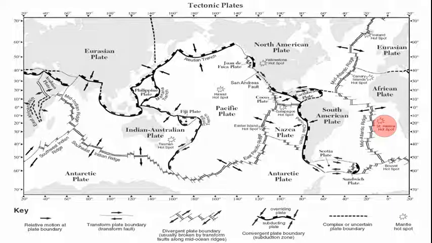So you notice a lot of those hotspots are found away from plate boundaries, which means that the magma pocket is feeding active volcanoes as the plate moves over top of it. In case you get a little bit mixed up, you have your little symbol right down there in the bottom right-hand corner of what a mantle hotspot would look like.